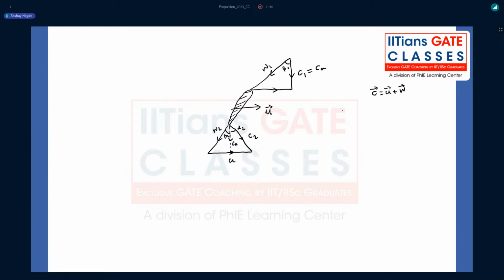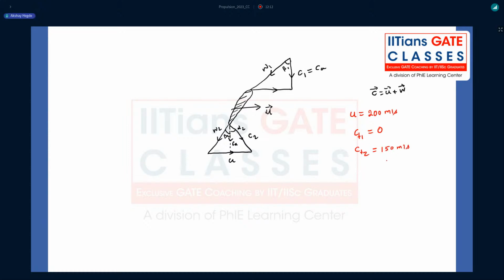In the question, they have also given the blade velocity magnitude, 200 meter per second, and the values of the tangential component of absolute velocity, that is CT1, which is equal to 0, and CT2, which is equal to 150 meter per second.